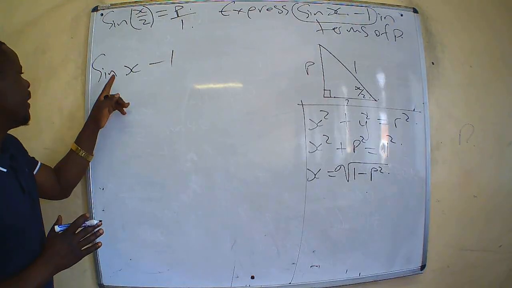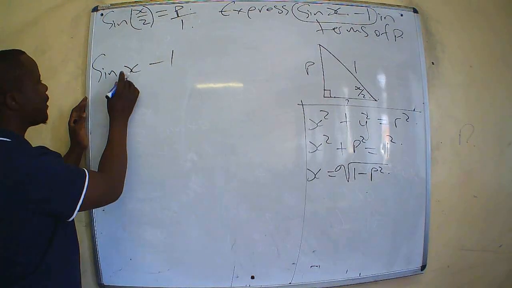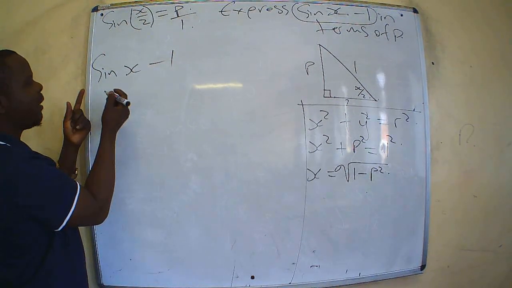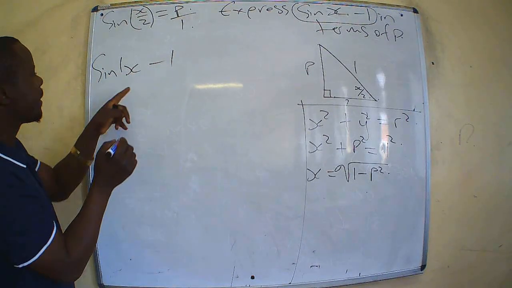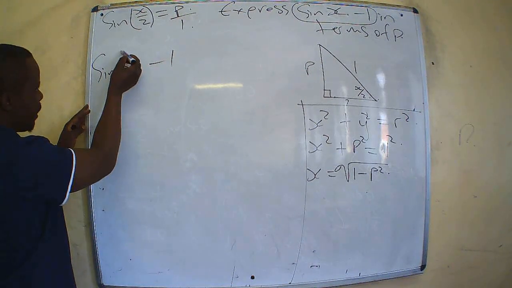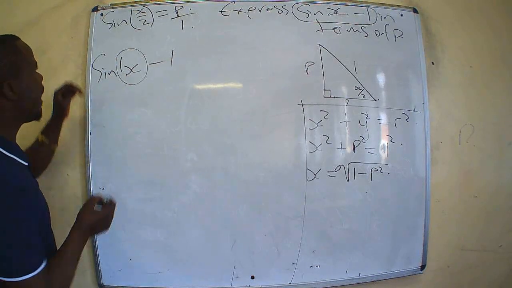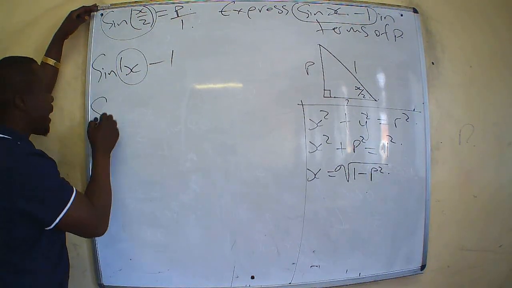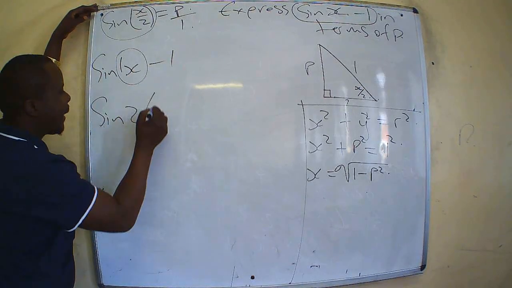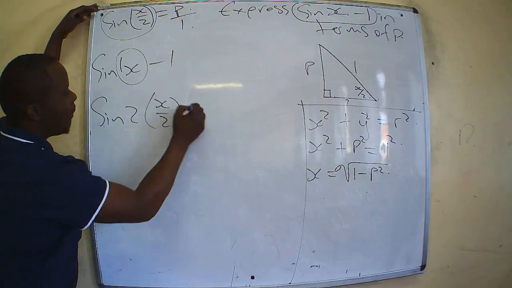Let us understand that this is the same as, if I put a hypothetical 1 here, sine 1x. This is very important. The reason I put 1 is that we can rewrite this as sine 2 times (x over 2) minus 1.